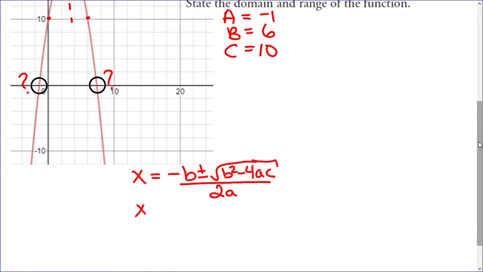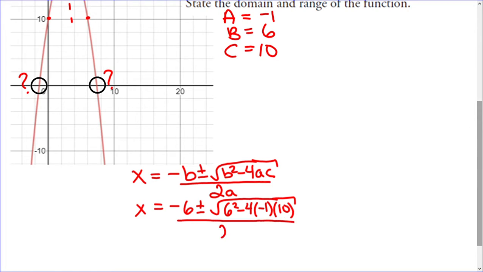So x is equal to, I've got minus b, which is minus 6, plus or minus the square root of b squared, which is 6 squared, minus 4 times a, which is -1, times c, which is 10, all over 2a, so over 2 times -1, and then I have my values that I can start to work with.